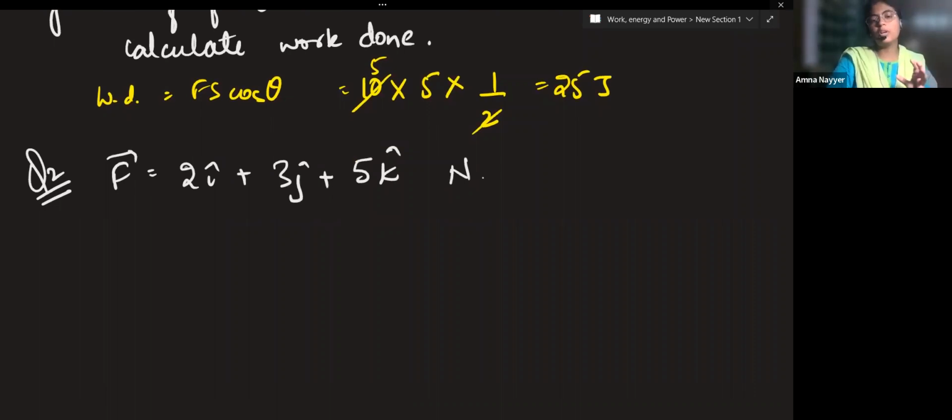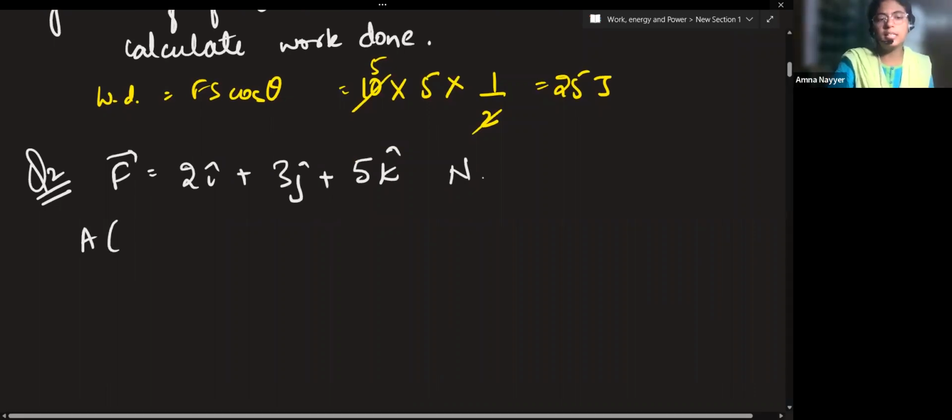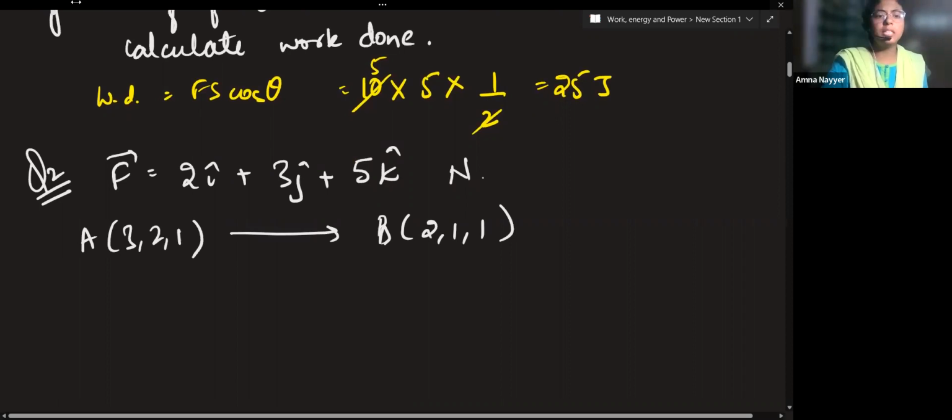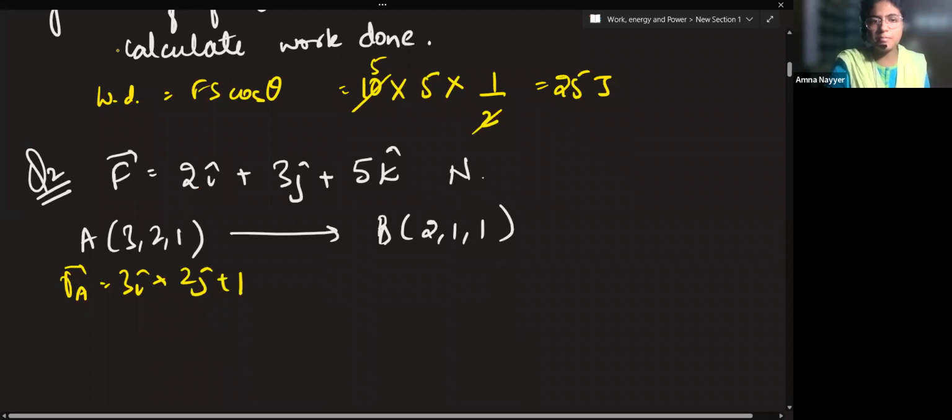If I say a body's initial point A is 3, 2, 1 and final point B is 2, 1, 1, let's say. So it means initial position vector is what? 3I cap plus 2J cap plus K cap.